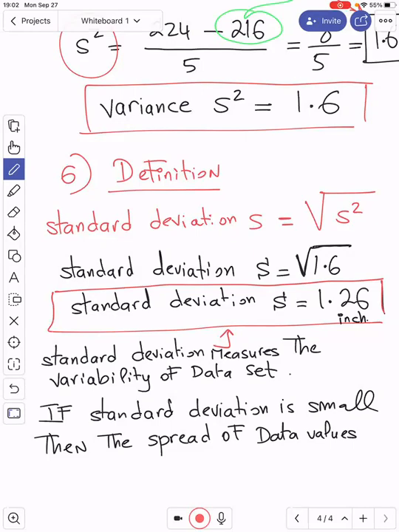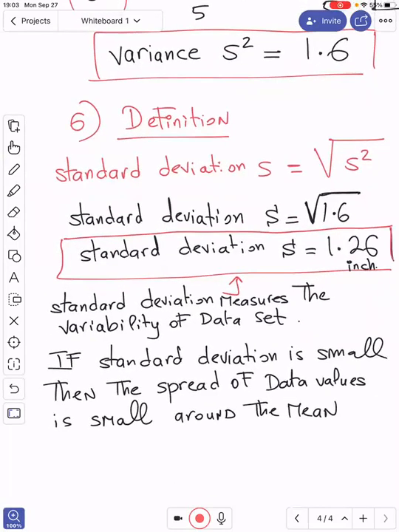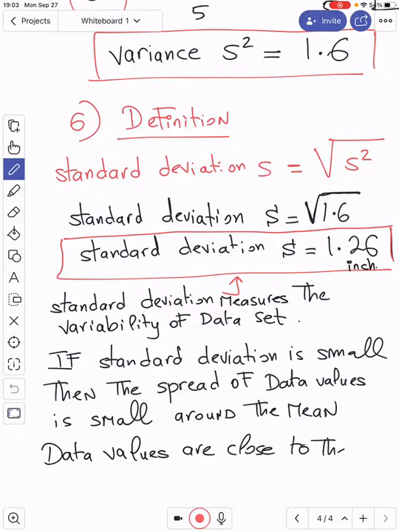The data values are small around the mean. In other words, your data values are going to be very close to the mean in general.